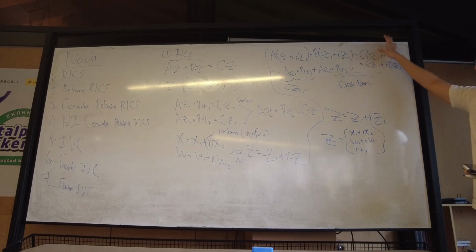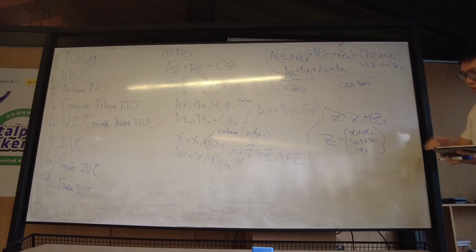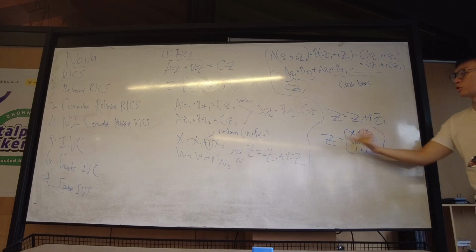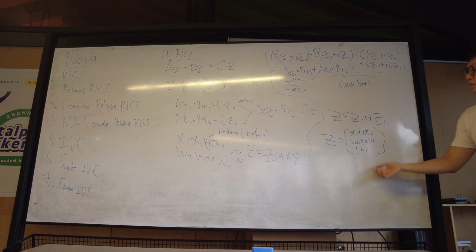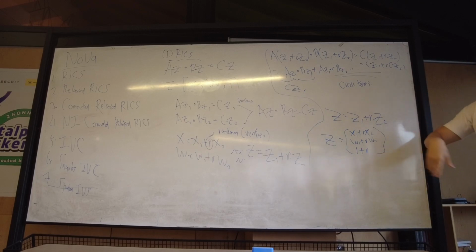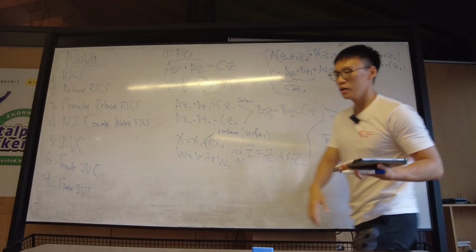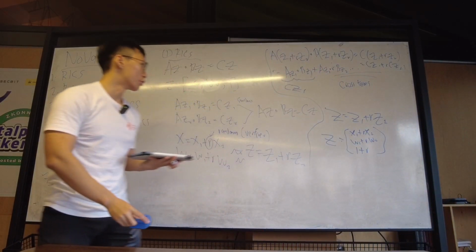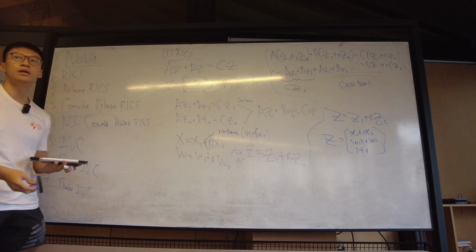So because of the existence of cross terms, and because even on this step alone we are not able to fold our Z instances, we are not able to use R1CS naively. So that's why the introduction of this thing called a relaxed R1CS comes into play.